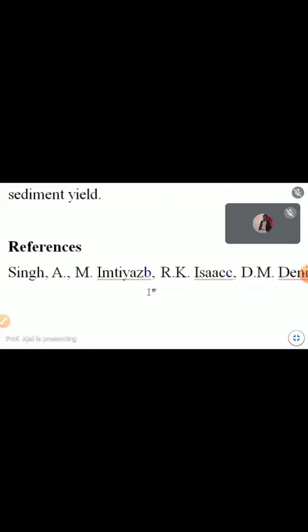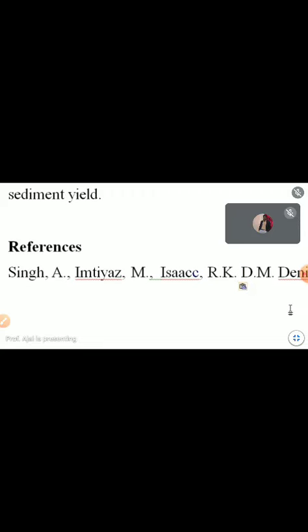So, Imtiaz, this B has to be deleted, and his name was Muhammad Imtiaz, so this will be M dot, comma, and here I will delete M. So, Imtiaz, comma, M dot, again I have put a comma here, so I'm separating this author from the other author. And then I will write Isaac RK, and this is dot.